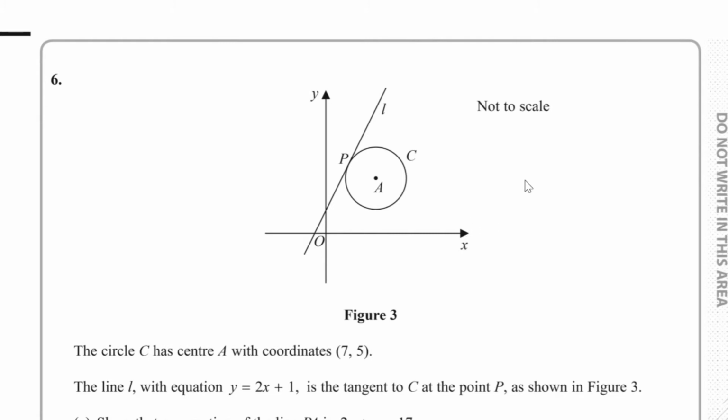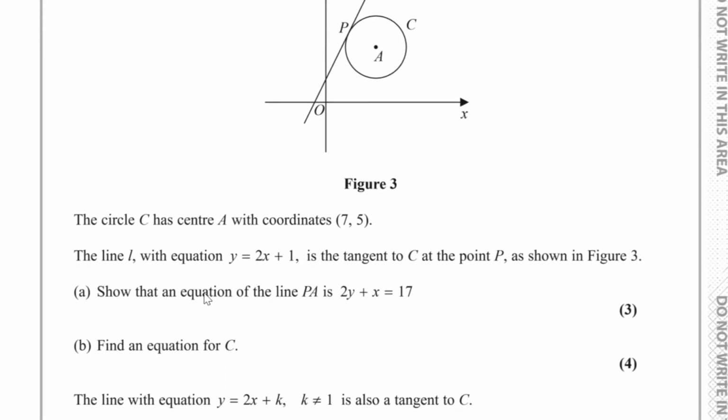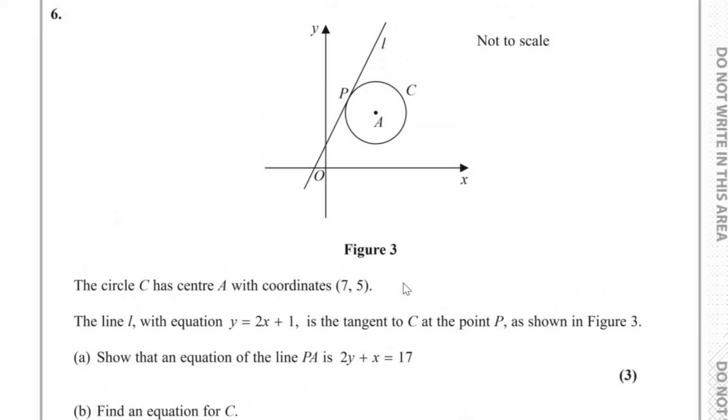Question number 6. A circle C has centre A with coordinates 7, 5, and the line L with equation y equals 2x plus 1 is a tangent to C at the point P, as we see in figure 3. For part A, we have to show that the equation of the line PA is 2y plus x equals 17.